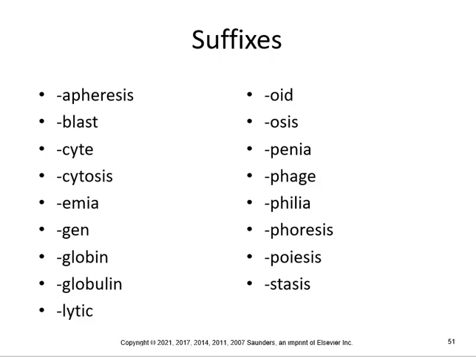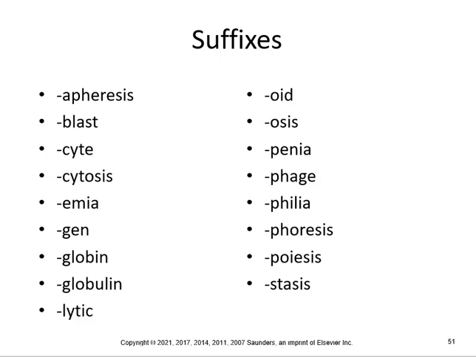Cytosis would be abnormal condition, so macrocytosis or microcytosis. Anemia, abnormal condition. Leukemia is an abnormal condition of white blood cells. Globin or globulin, hemoglobin, a blood protein in erythrocytes that enables the cell to carry oxygen.